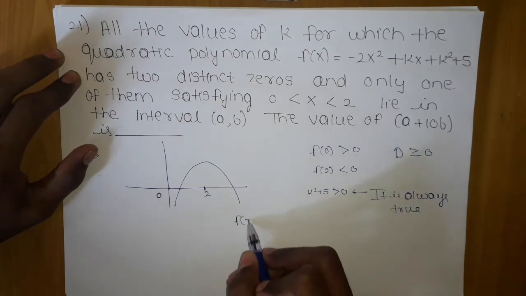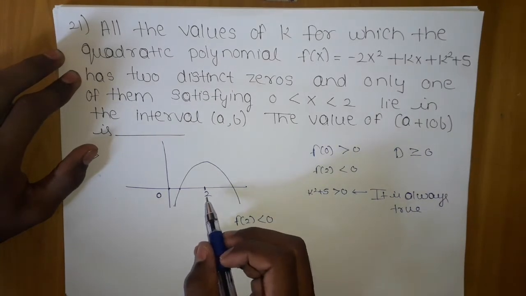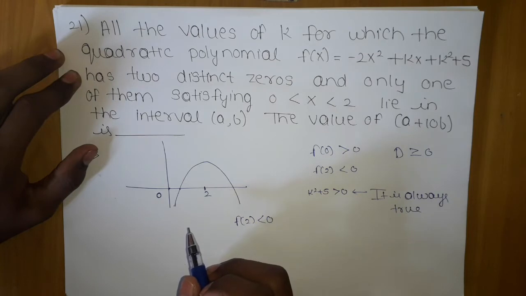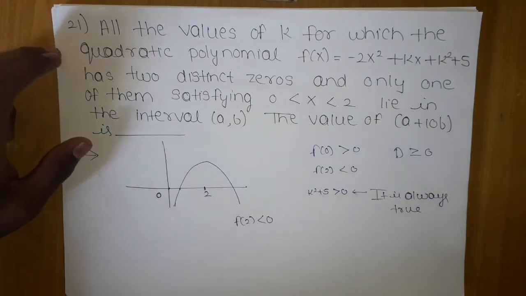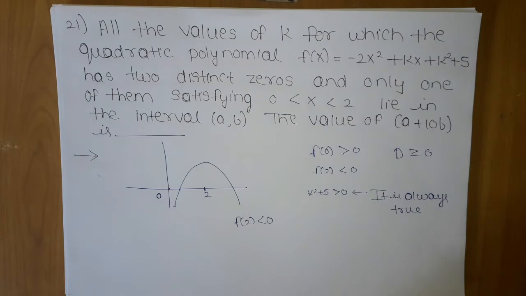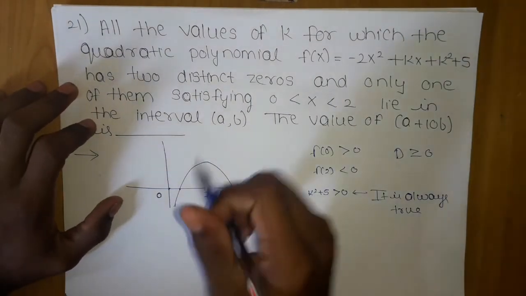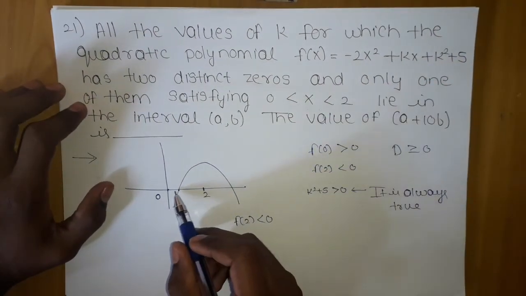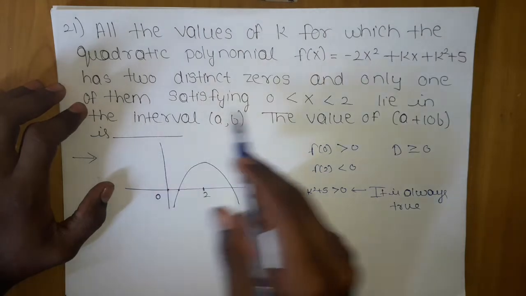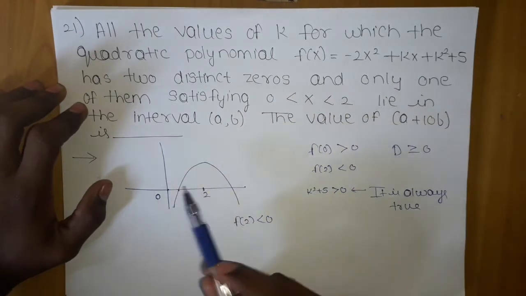Now f of 2 is less than 0. F of 2, wait a minute, let me check again. We are making some mistake, I guess. They are telling that only one of them is satisfying this condition, and there is no mention of which root is negative or positive.